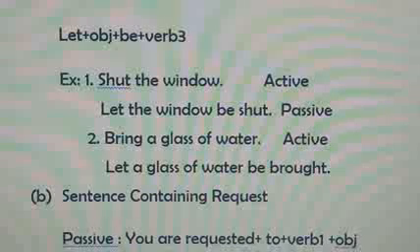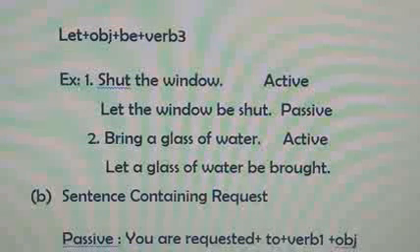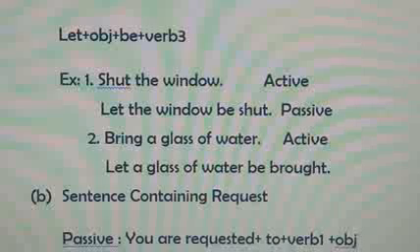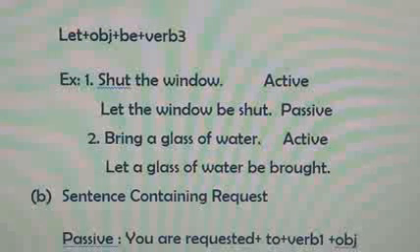Please open the door. Open the door. This sentence, my dear student, is in active group. Now I need to convert it into passive.